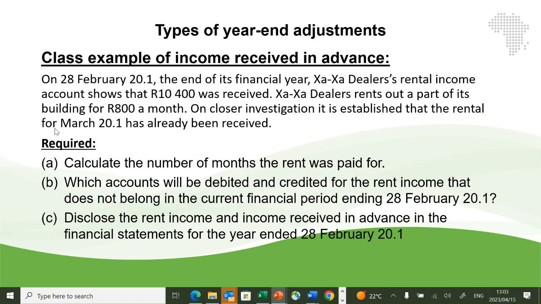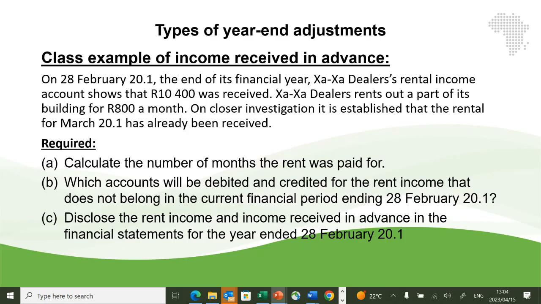What is required of us here? A, calculate the number of months the rent was paid for. Already we know, so it's going to be clear. We have received 10,400. They told us that it's 800 Rand per month. We can easily calculate that.